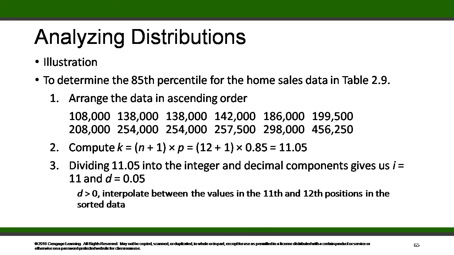Number 3, dividing 11.05 into the integer and decimal components gives us i equals 11 and d equals 0.05. So d here is greater than 0. Interpolate between the values in the 11th and 12th positions in the sorted data.